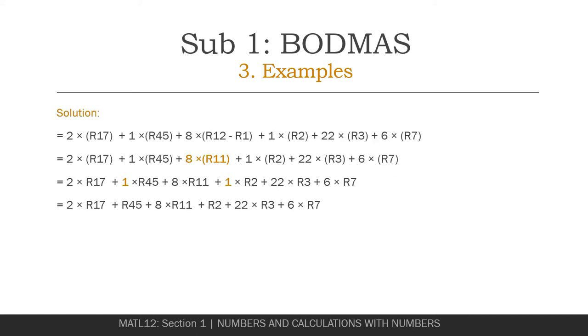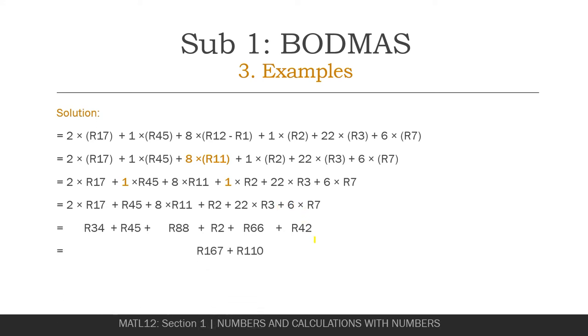So I tried to align them correctly so that you can see 2 times 17, you get your 34, and then you get your 45 rand. 8 times 11, you get your 88 rands, and then you've got your 2 rand again here, and then 22 times 3, you get your 66 rand, and then plus 6 times 7, and that's how you get your 42.